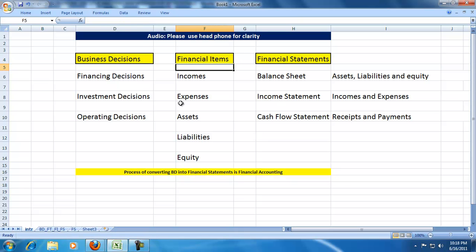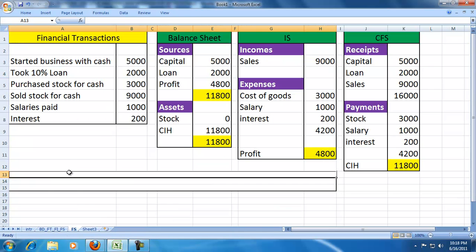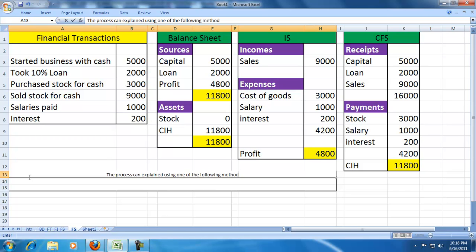So this process, the process of converting the financial decisions into the balance sheet, income statement and cash flow, can be explained through one of the following methods.